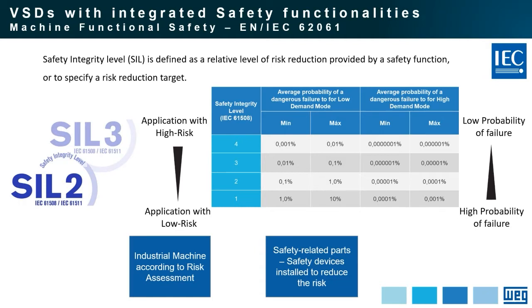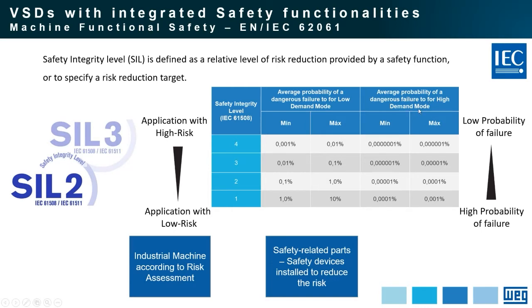And if the application has a low risk, it is possible to use a machine with a higher probability of failure. We can see here two different types of average probability of dangerous failure. One is for low demand mode, which defines the minimum and the maximum probability of dangerous failure. And the other one is the same, applicable for high demand mode.